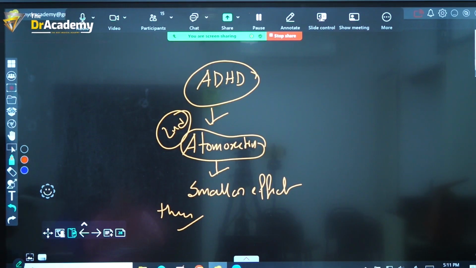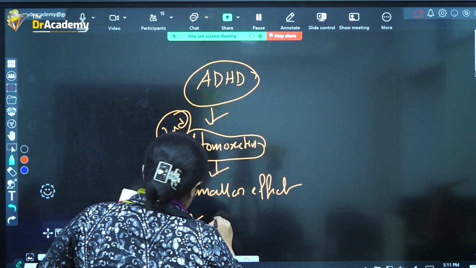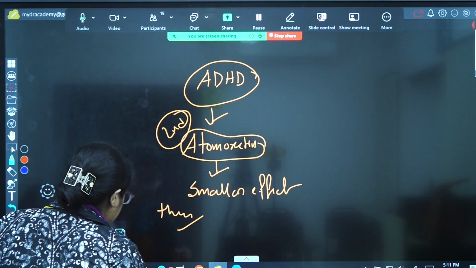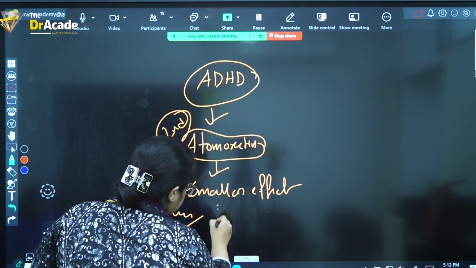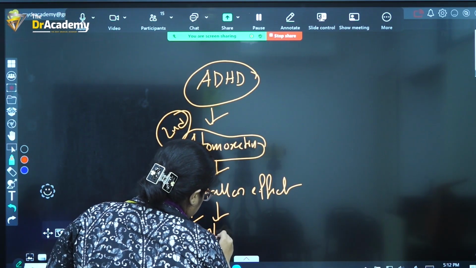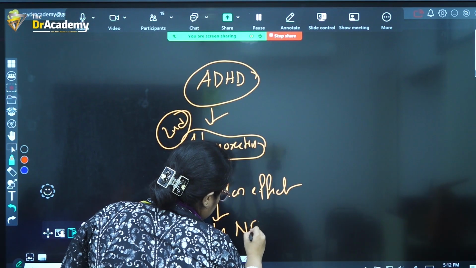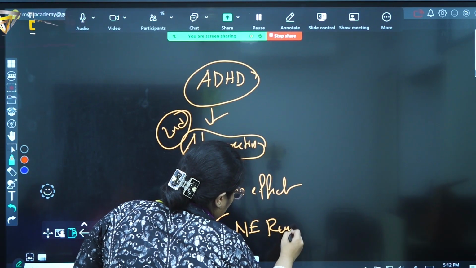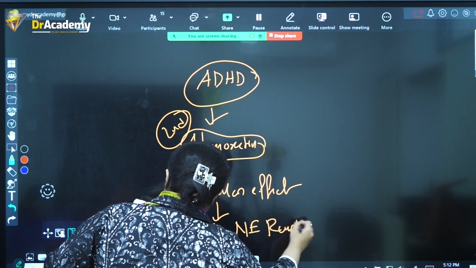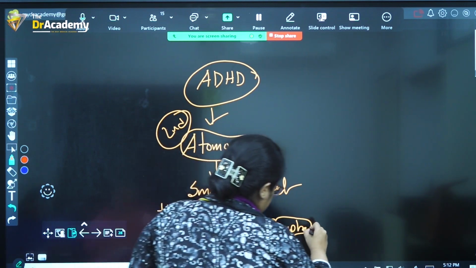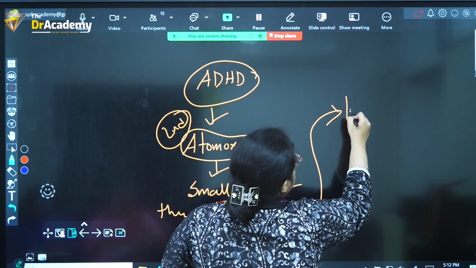And it acts only as a norepinephrine reuptake inhibitor, but it has long time action.